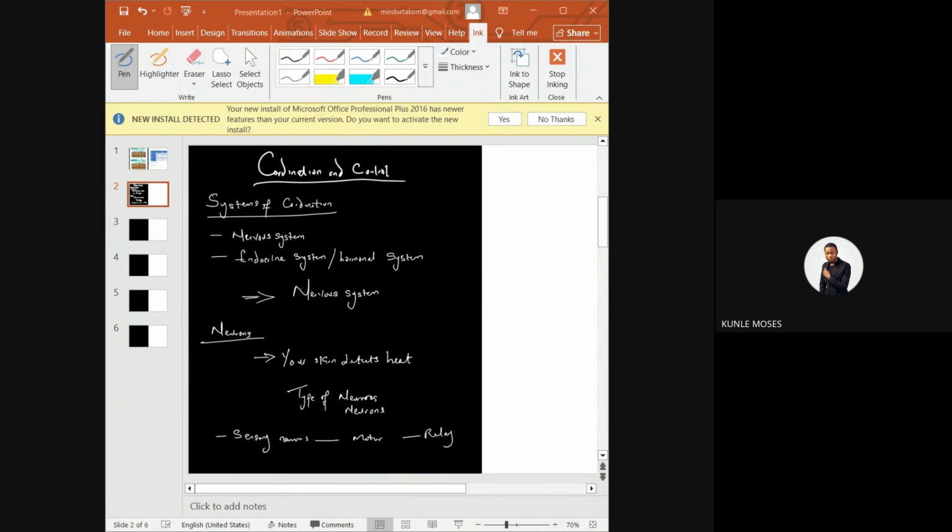Anywhere it occurs, there are neurons that help to carry messages from the body to the brain or spinal cord. The brain and the spinal cord is what we refer to as the central nervous system. I hope you still remember that. That is what the sensory neuron talks about.